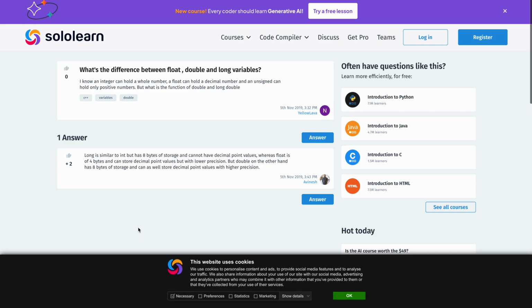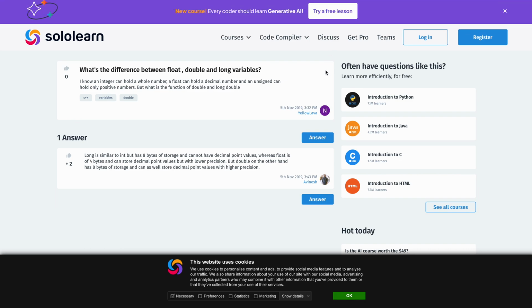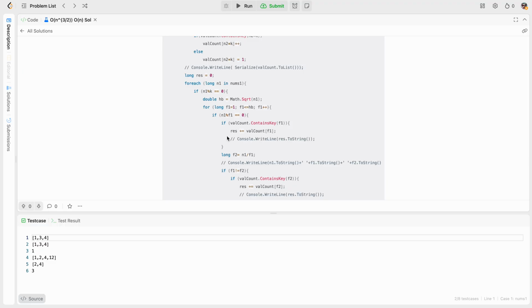Long is similar to double but has 8 bytes of storage and cannot have a decimal point, while double can have a decimal point. Anyway, if you use double and compare it with long, it won't have an issue.